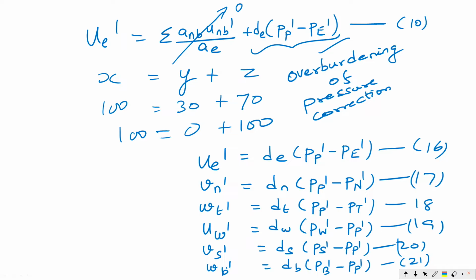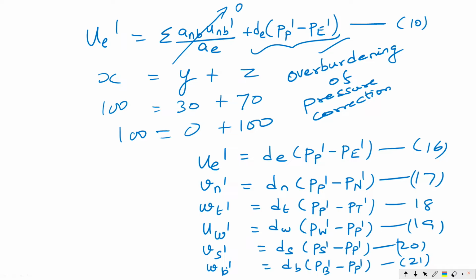Earlier, the velocity correction depended upon the velocity correction of the neighboring nodes plus the pressure correction. Now we have purposely removed the velocity correction of the neighboring nodes and we are overburdening the pressure correction. Finally we ended with these expressions for the velocity corrections of the various control volumes, namely the U control volume, V control volume and W control volume on the eastern side as well as the western side. Let us move further.